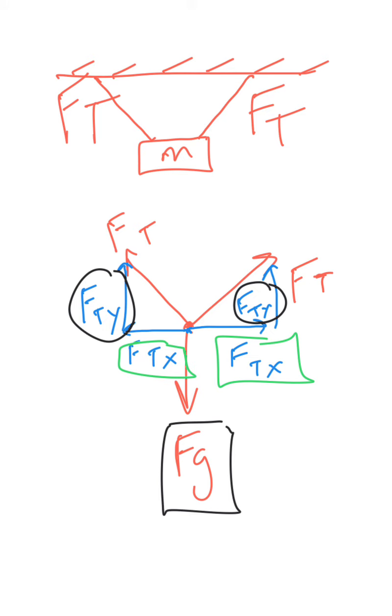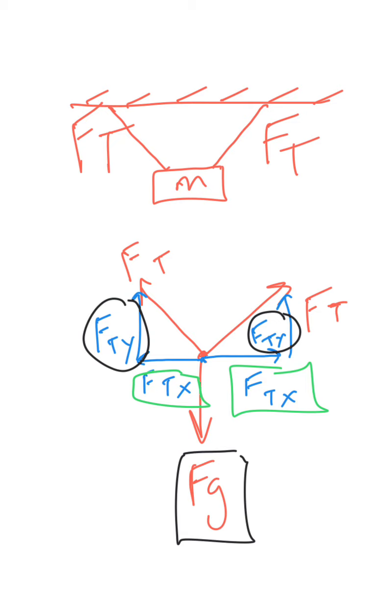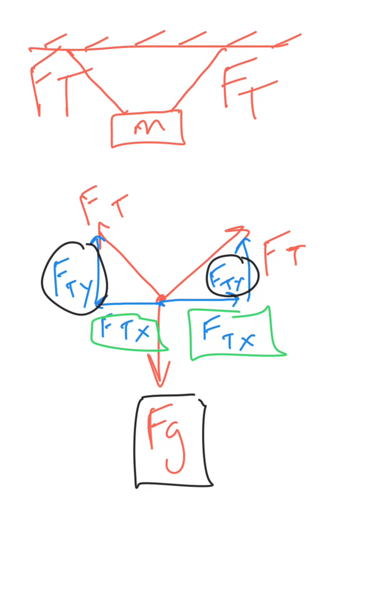So if you were trying to figure out the x and y components, in the x direction you would have Ftx equals Ftx, like that.